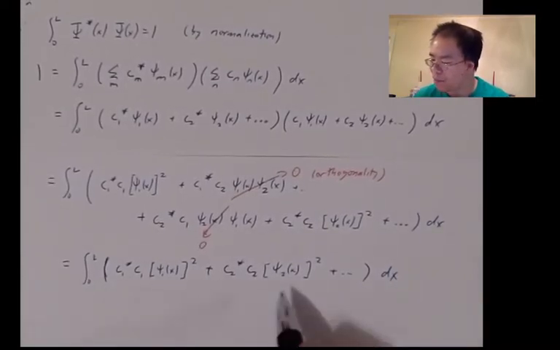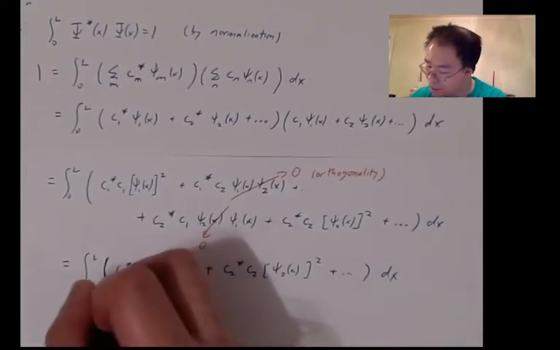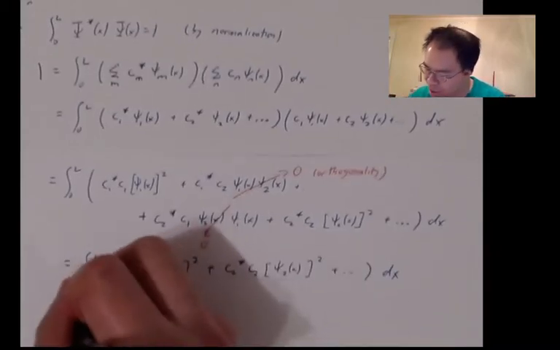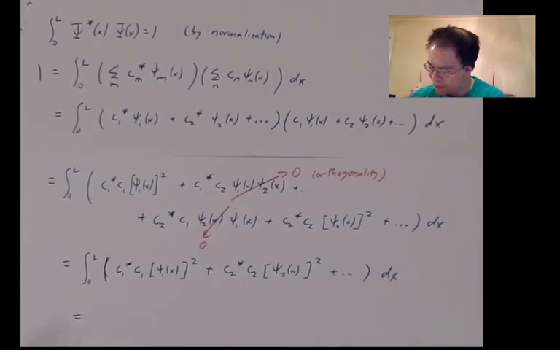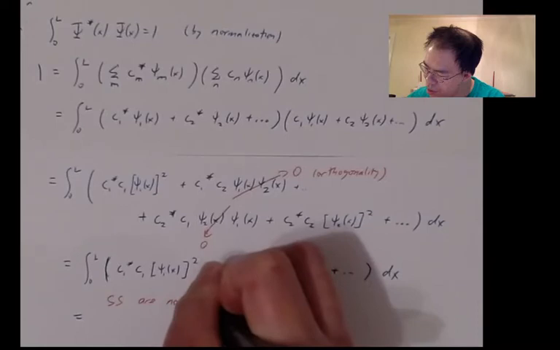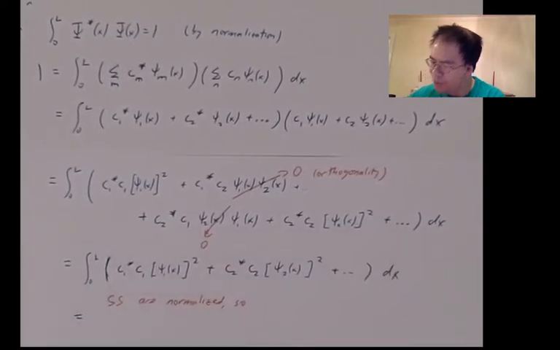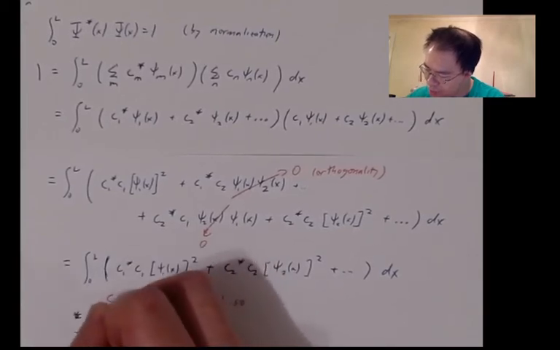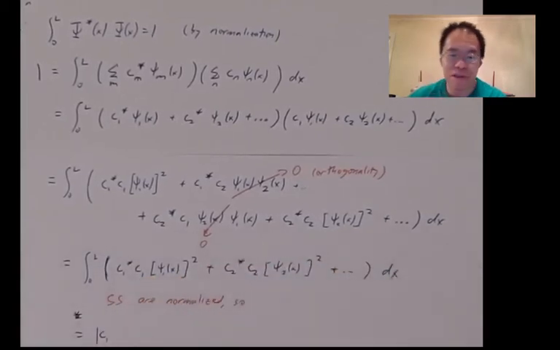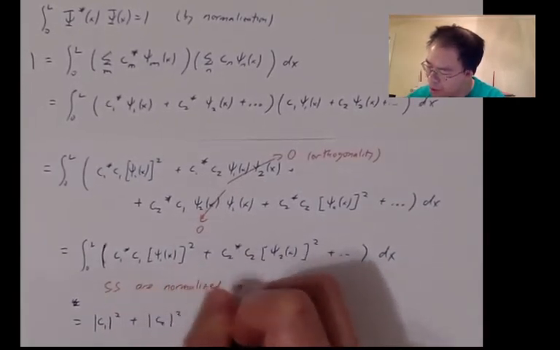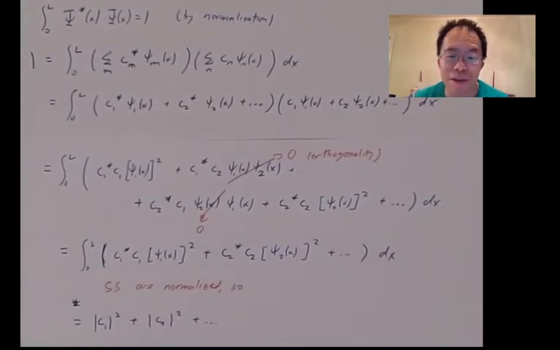When I integrate all of these term by term, each one of those integrals is just going to go to 1 because my stationary states are normalized. So this just turns into C1 star C1, which is of course the modulus of C1 squared, plus dot dot dot, etc.